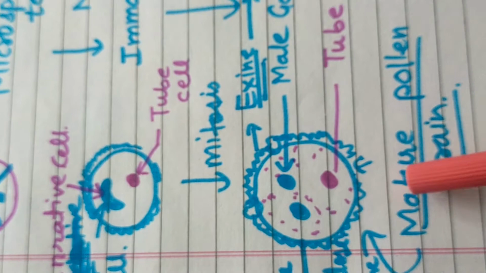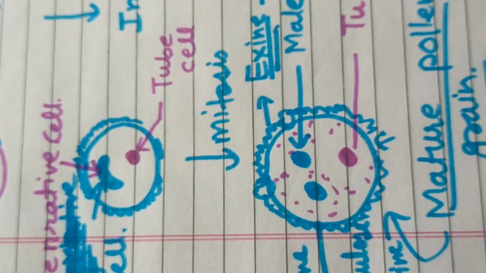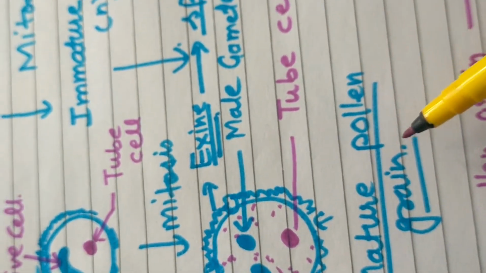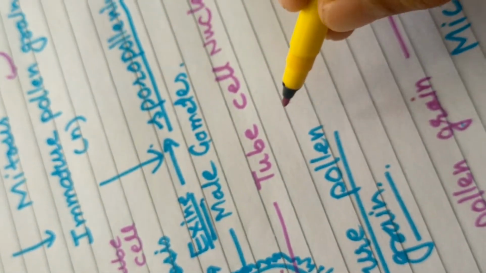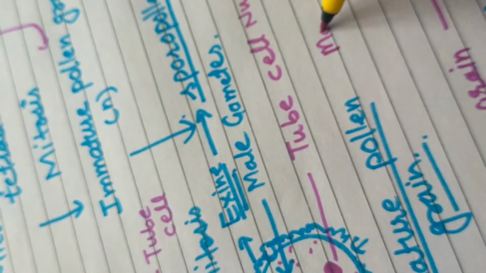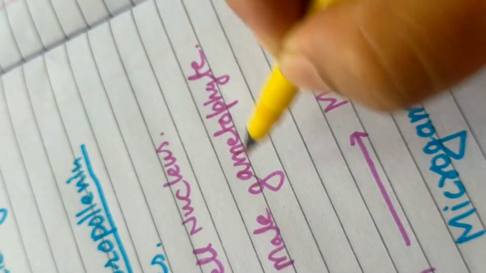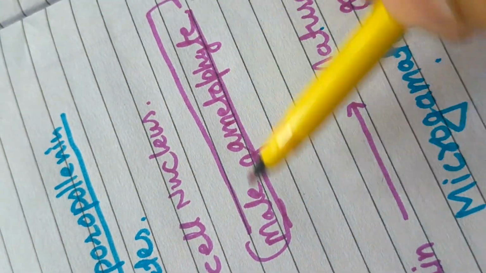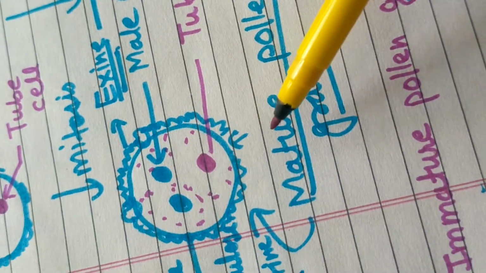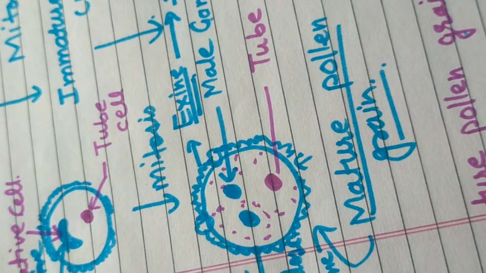And this mature pollen grain can be called the mature microgametophyte, the pollen grain which contains these two male gametes, the mature male gametophyte.